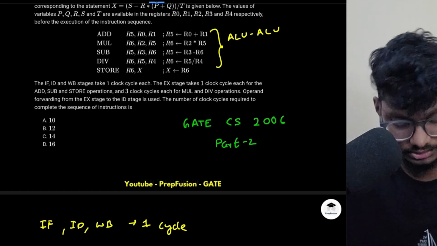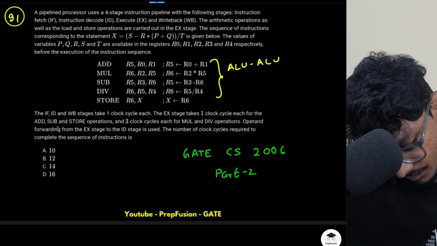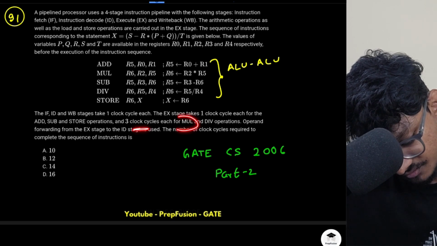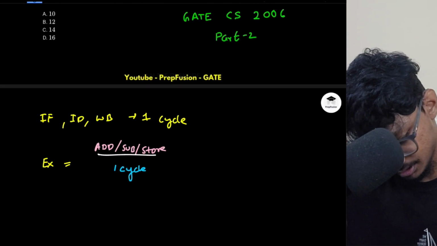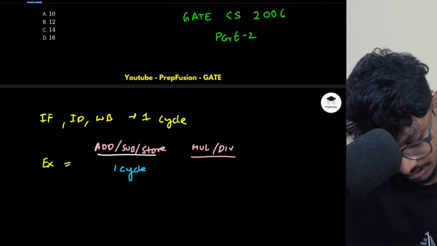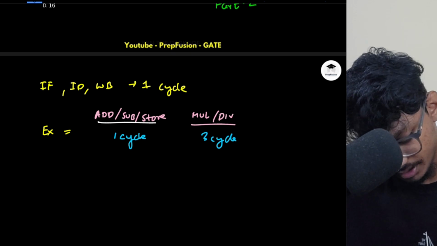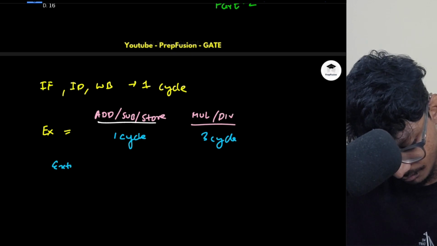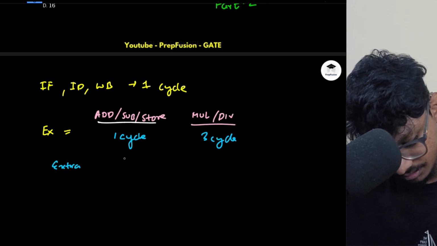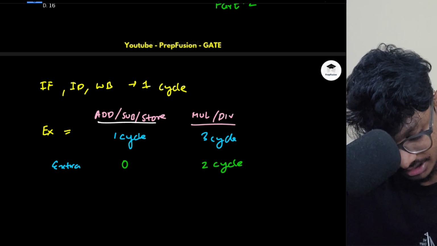And 3 clock cycles for multiplication and division operations. So it is 3 clock cycles. So how many extra do I require? Extra here for add is 0 only. For multiplication and division I have to provide 2 extra clock cycles.